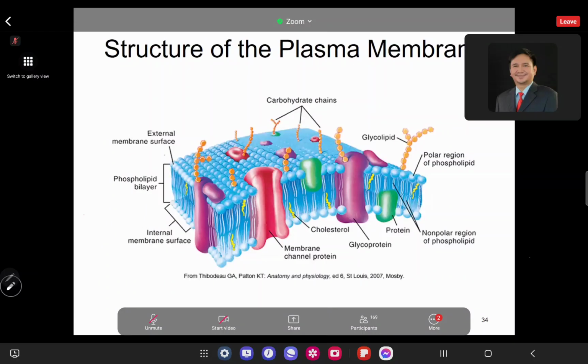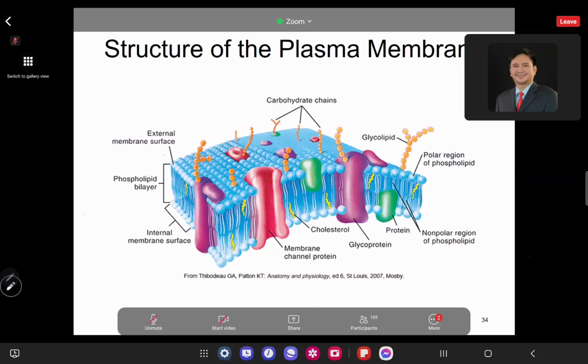To elucidate the structure of your plasma membrane, please help me locate where your phospholipid bilayer is. This is your phospholipid bilayer. The polar regions are made of hydrophilic heads, while the nonpolar regions are hydrophobic tails.